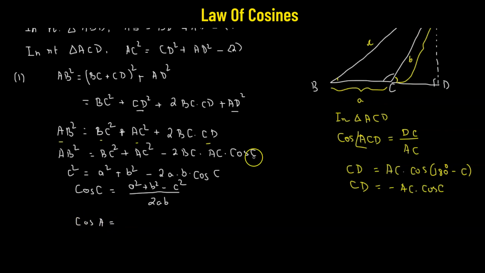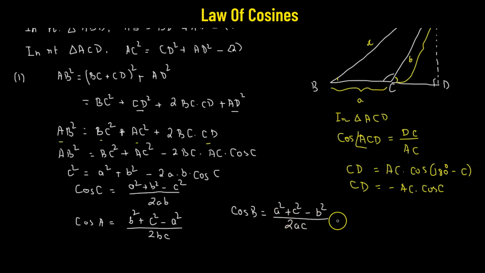All we have to do is change the vertices accordingly. So cosine of A will be equal to B squared plus C squared minus A squared divided by 2BC, and cosine of B will be equal to A squared plus C squared minus B squared divided by 2AC.